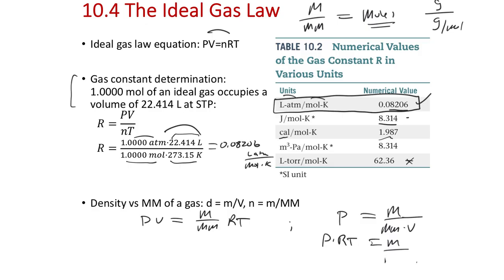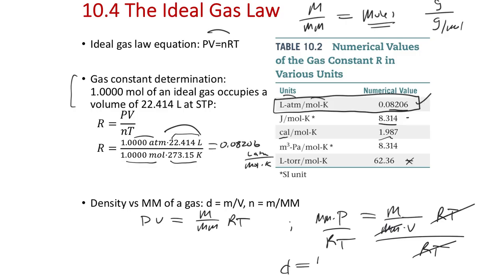I'm making up math. Let me go back to this equation here and not screw my math up. So I want to divide both sides by RT, and then multiply both sides by the molar mass to get rid of the molar mass. Then I can rewrite the equation as density, which is m over V, mass over volume. So density is just equal to pressure times molar mass divided by RT.